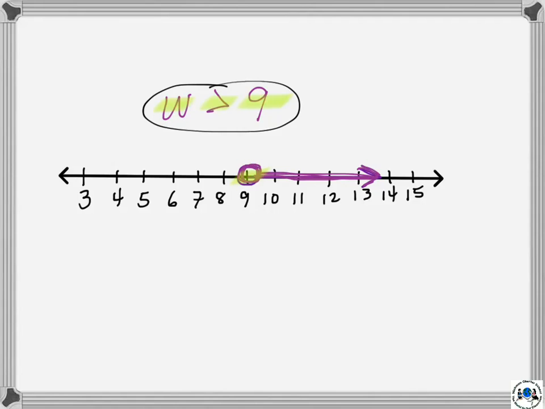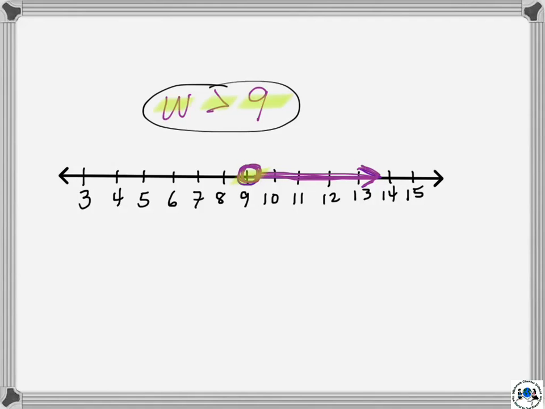Now I need to verify the solution. I'm going to show you, in somewhat quickened motion, my verifying that 9 is not a solution.